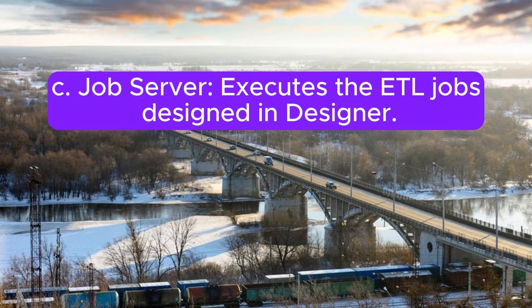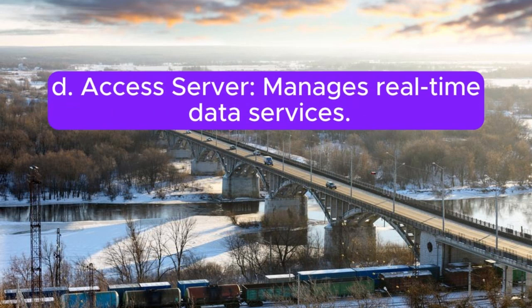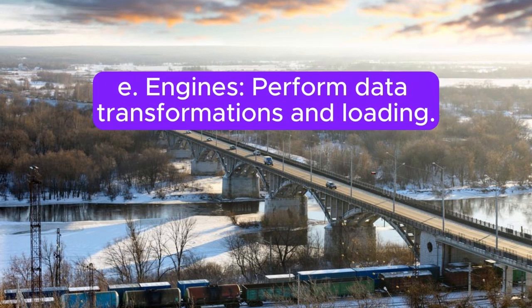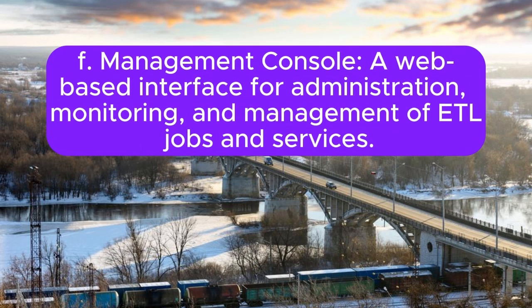C. Job server, executes the ETL jobs designed in Designer. D. Access server, manages real-time data services. E. Engines, perform data transformations and loading. F. Management console, a web-based interface for administration, monitoring, and management of ETL jobs and services.